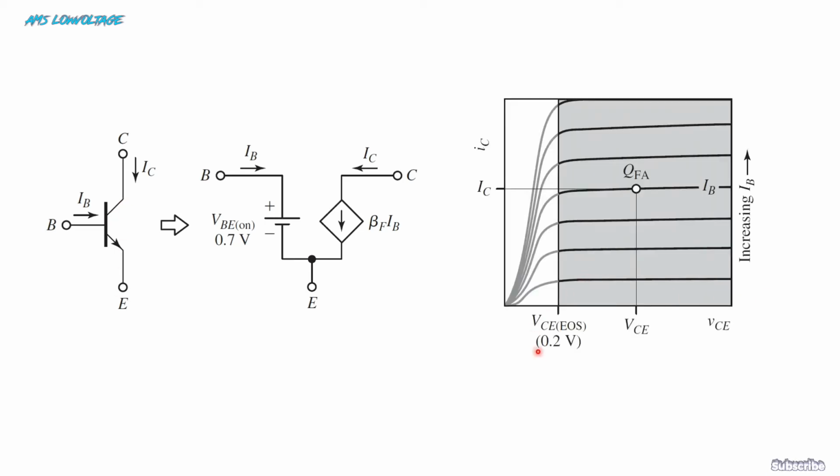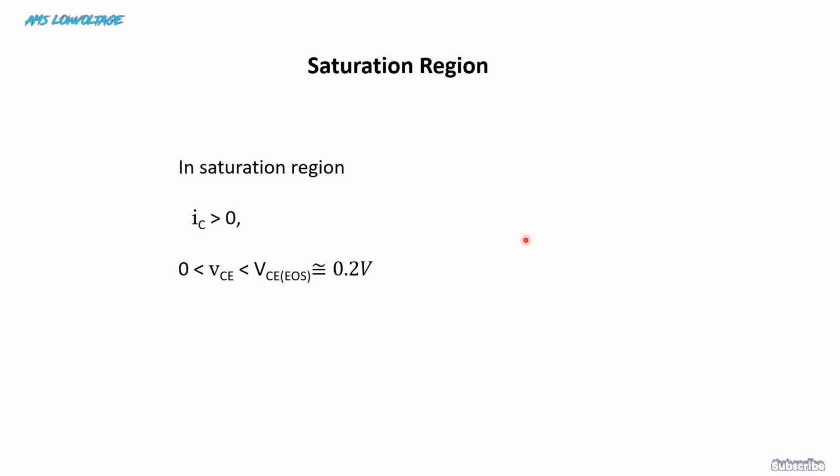You can see the graph here. Saturation region. In saturation region, the collector current IC is greater than 0, and the changed voltage VCE is greater than 0 but less than edge of saturation voltage. That means less than 0.2 volt.